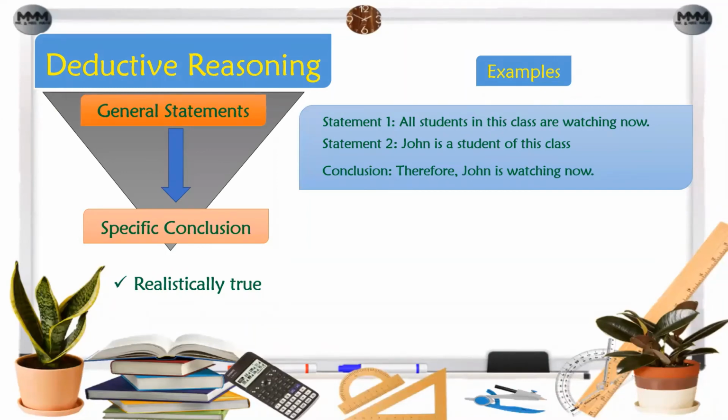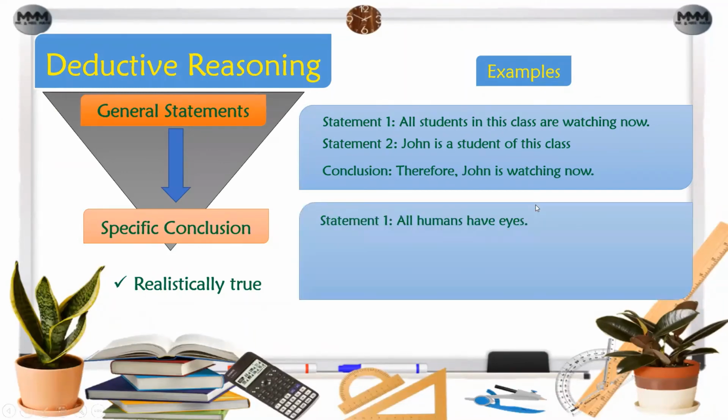Next, you have: all humans have eyes. So clearly, this is a general statement. And then, Kate is human. So here we have two statements: all humans have eyes, and Kate is human.